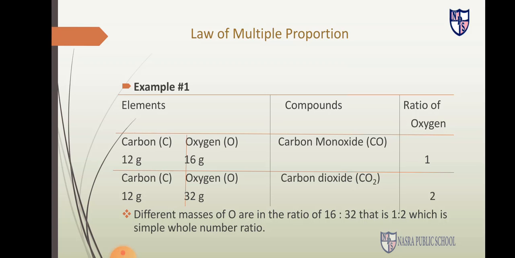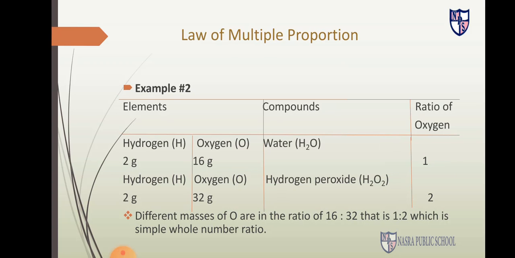So moving on, let's have a look at another example. Here again you have two elements, hydrogen and oxygen, and they combine with each other to form water and hydrogen peroxide as well. The mass of one hydrogen atom is 1 gram. Since in water we have 2 atoms of hydrogen, the mass of hydrogen will be double, that is 2 gram.